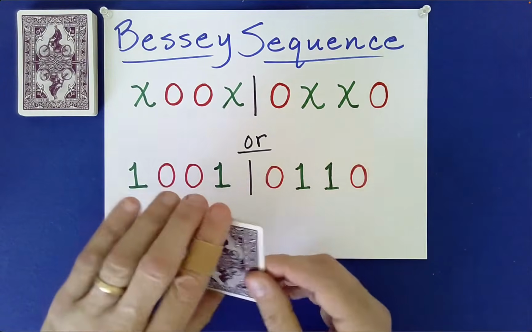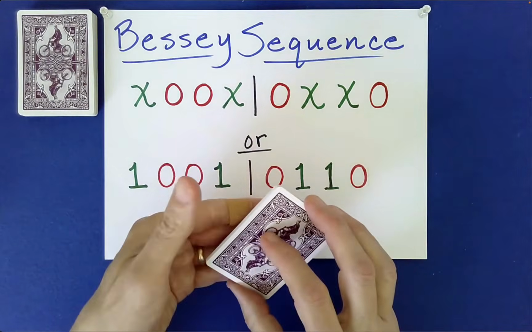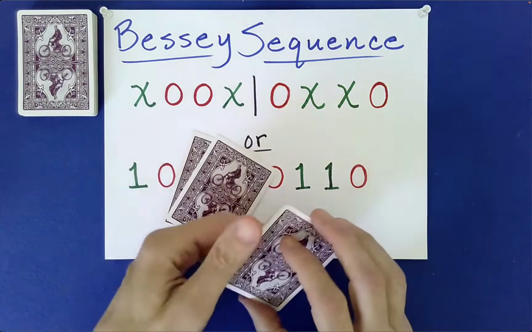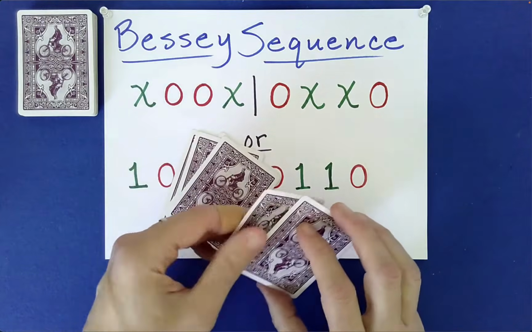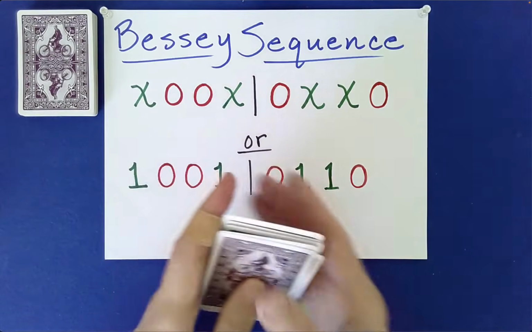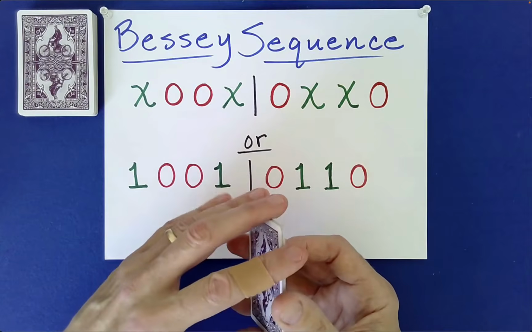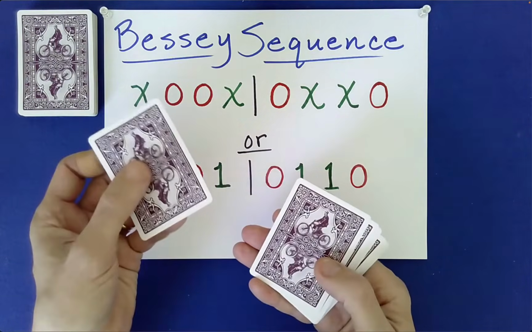Okay, so to begin to mix this, we're going to perform a Klondike shuffle. If you've been watching this little series on Bessey sequences, you know what a Klondike shuffle is. And why don't we follow that up with a mongean, under, over. This is where you push the top card over.